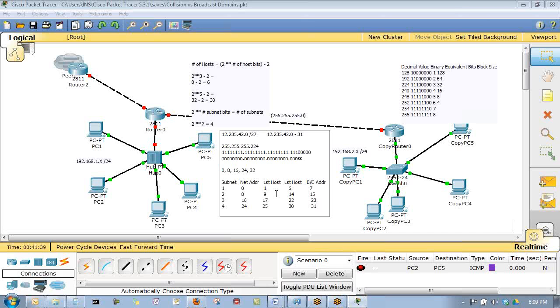Now, that just worked out very nicely because, look at this subnet, how many IP addresses do I need? 6. Really, if I were going to do this properly, I need to have 7 if I were going to assign an IP address to the hub.